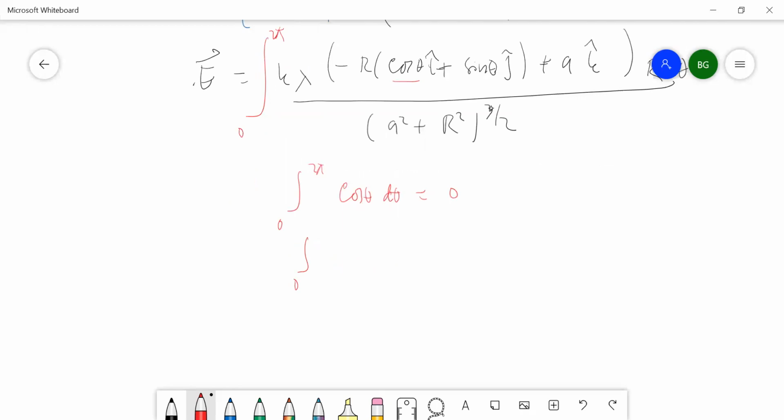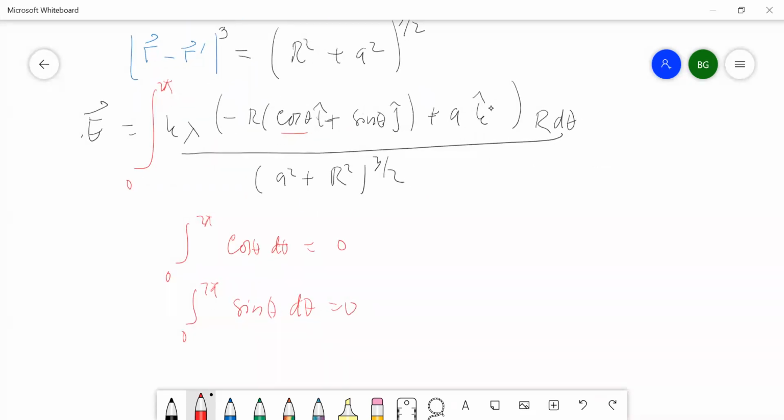Also sin theta d theta over 2 pi equals 0. So these two parts here are 0, right? According to this integral.